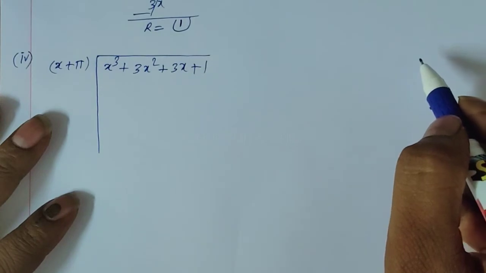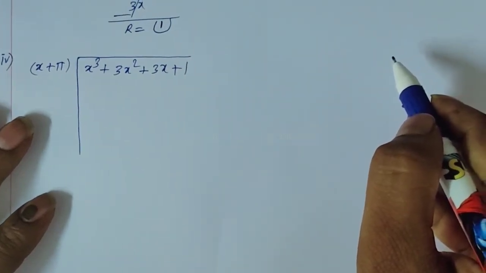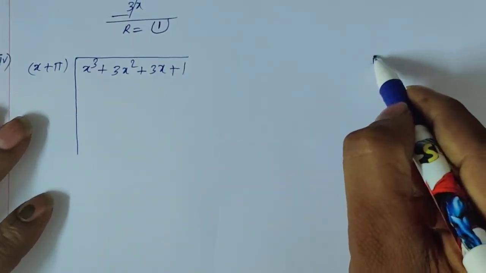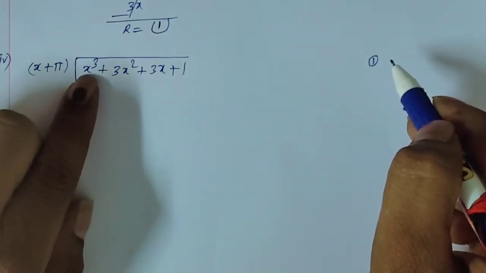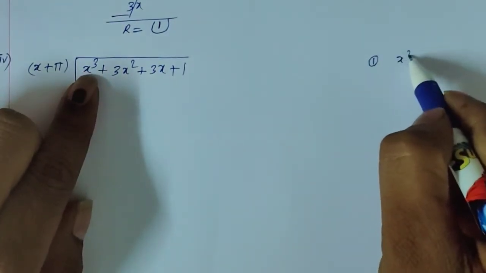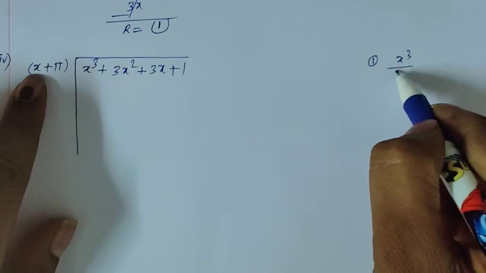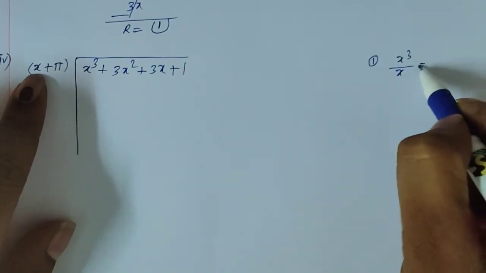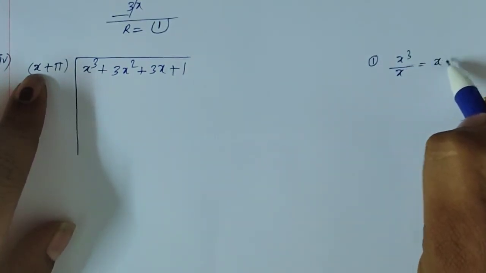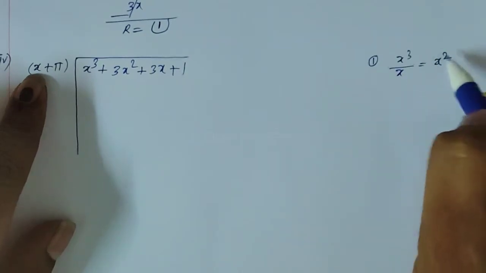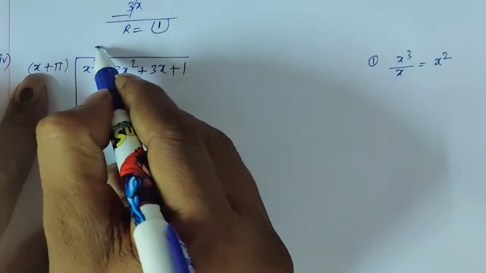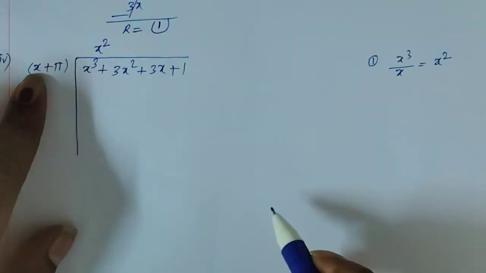For this we need to follow the steps I told you before. What is the first step here? The first term in the dividend should be divided by the first term in the divisor, so you will get x square here. This is the quotient term, so write it on the top of the division.